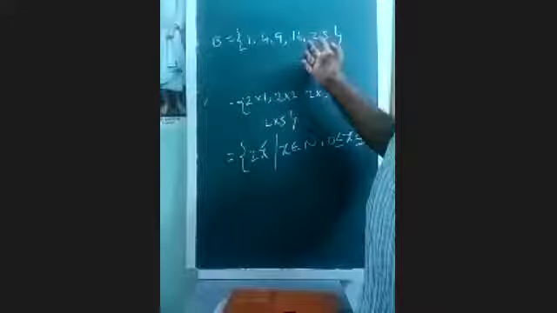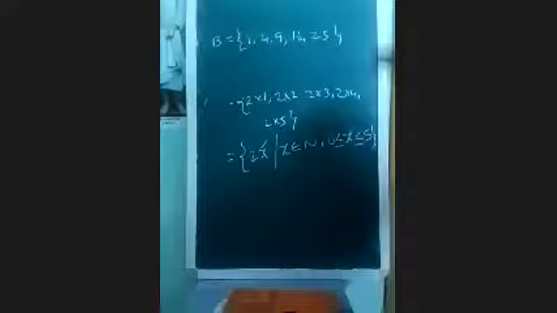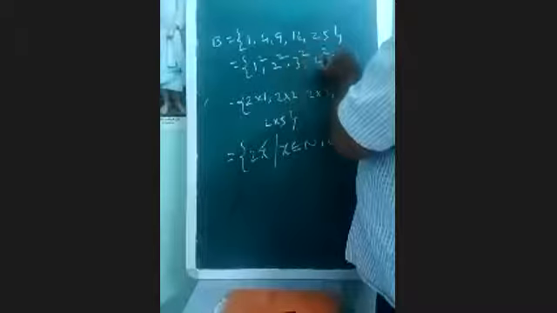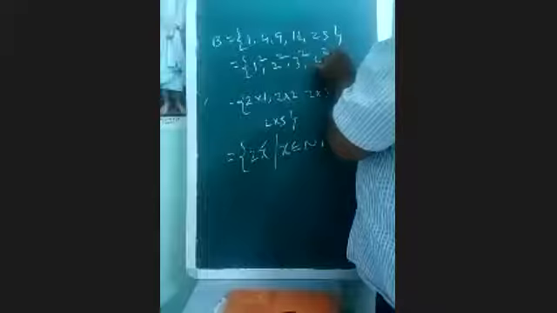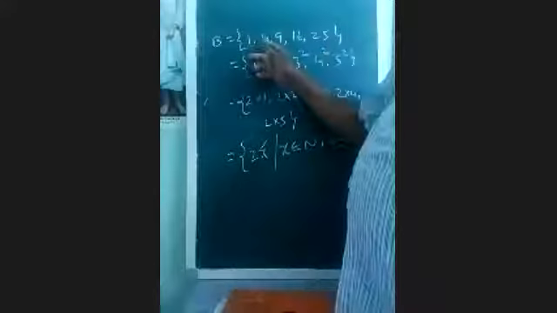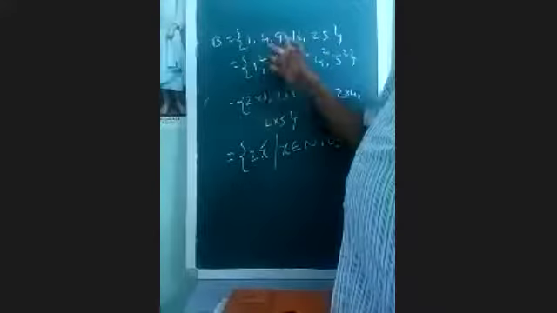You have observed those numbers are perfect squares: 1 square, 2 square, 3 square, 4 square, 5 square. 2 square means 4, 3 square means 9, 4 square means 16, 5 square means 25.